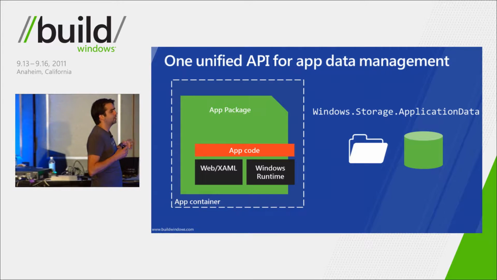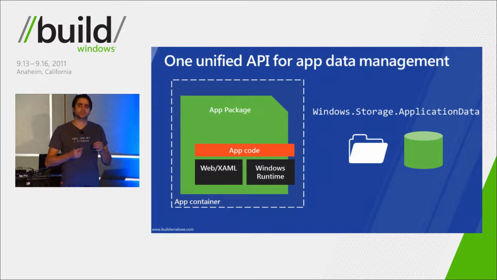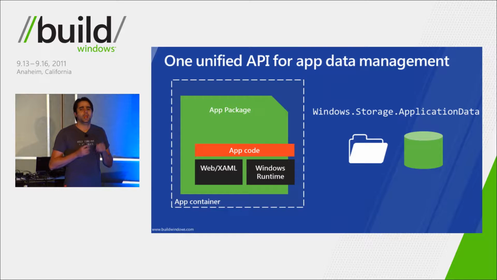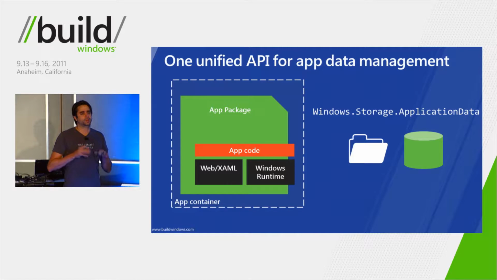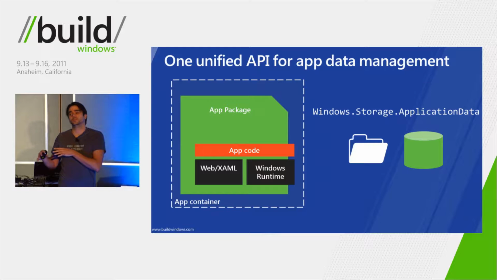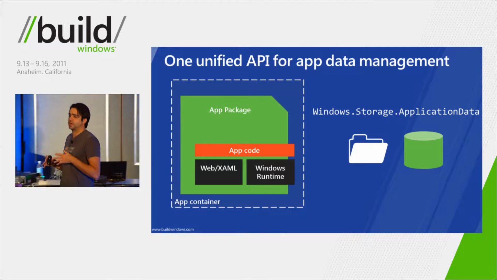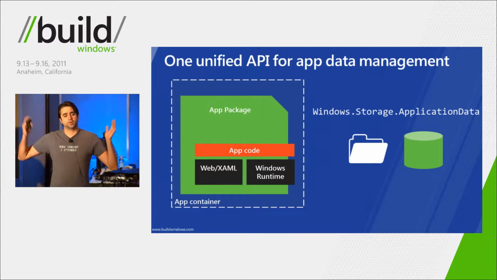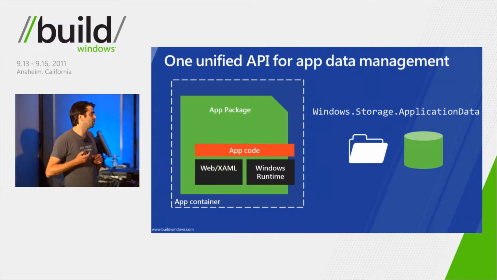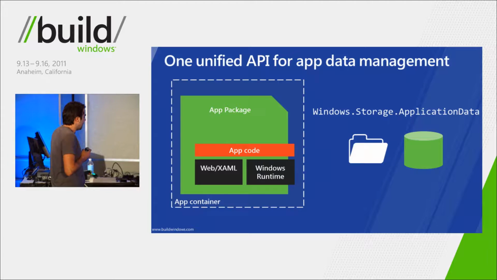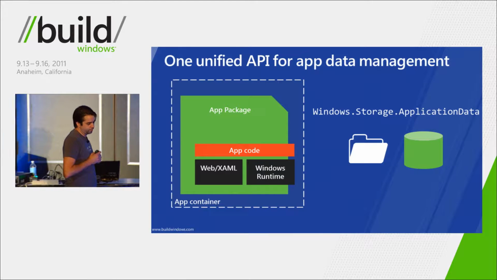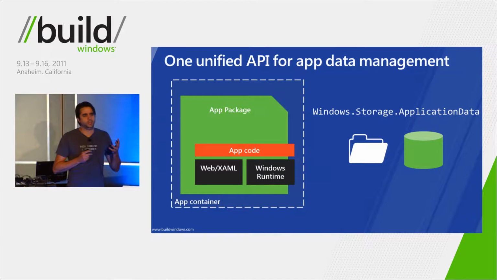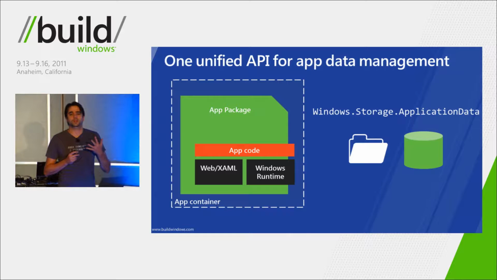Here, I'm going to drill down a little bit deeper than I did on Wednesday, and talk about how some of the more advanced features work. I'm going to talk a little bit about the roaming stuff, and then I'm just going to open it to questions. So the application data object underneath the covers has basically 5 areas that you can explore.